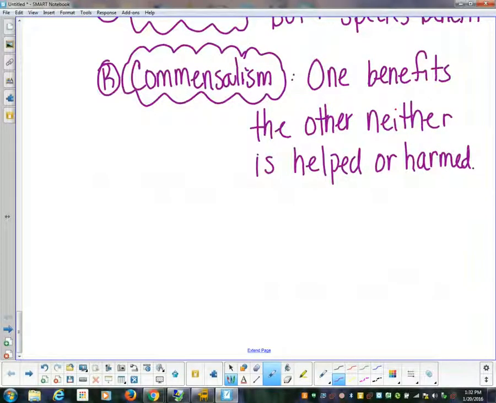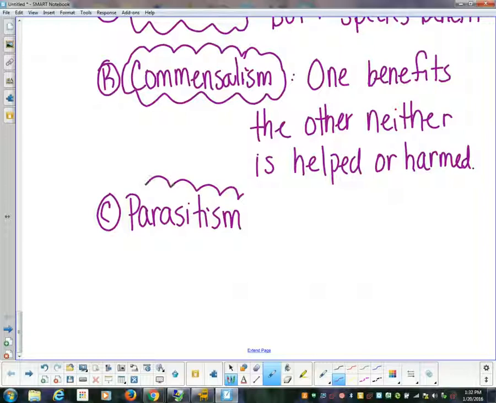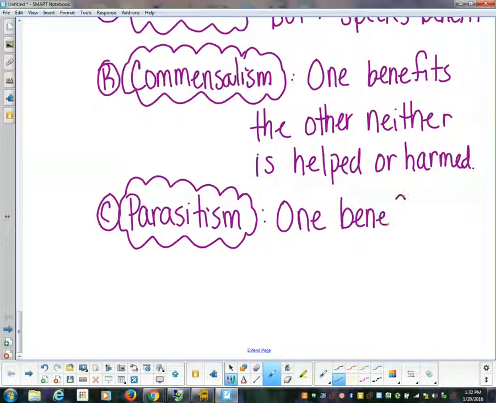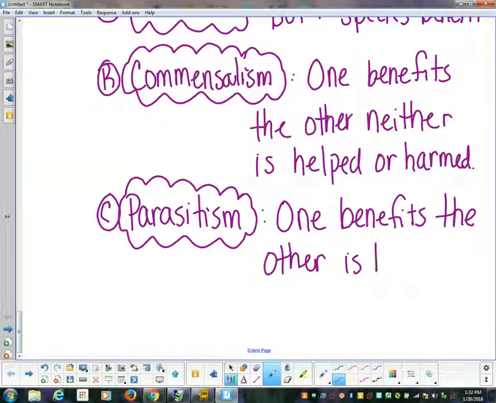And finally, the last one is called parasitism. And this is where one benefits, but the other is harmed.